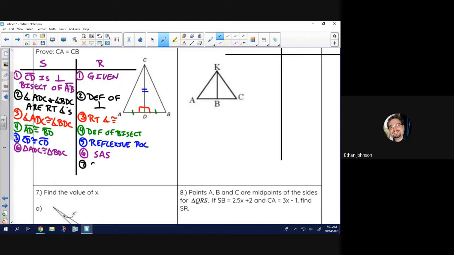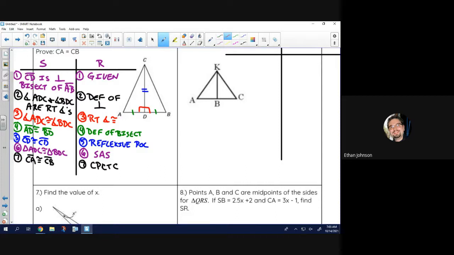So I know my next reason has to be CPCTC. But this is a congruency statement according to CPCTC. So I have to write a congruency statement for our statements. So CA is congruent to CB. Now, unfortunately, that is not what our proof statement says.